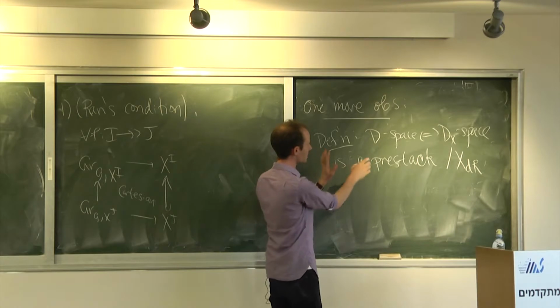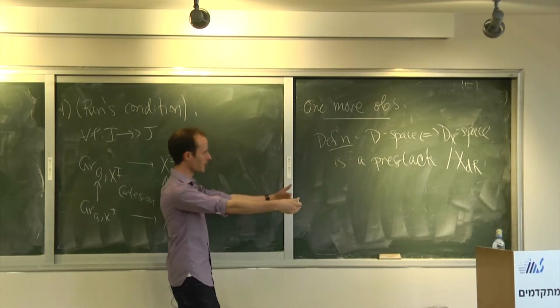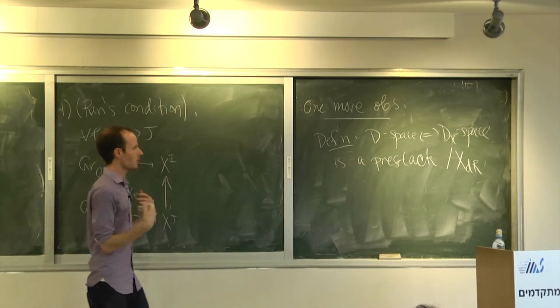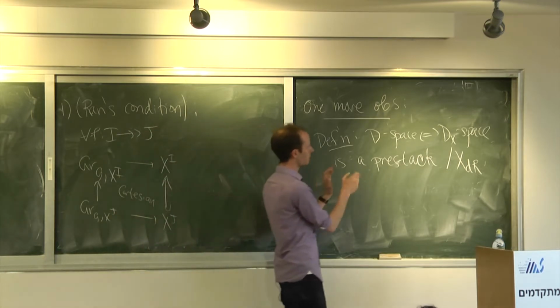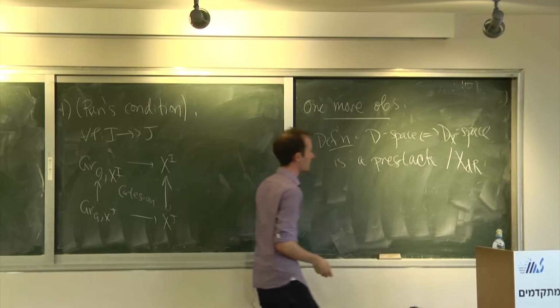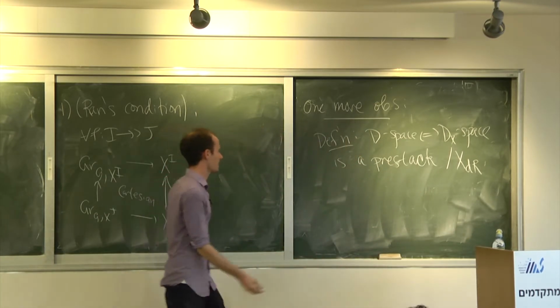Or sometimes the phrase is used for the thing that you obtain when you pull back to x. So you might say y over x is a D space if someone has told you some D space over x de Rham that pulls back to your given space.